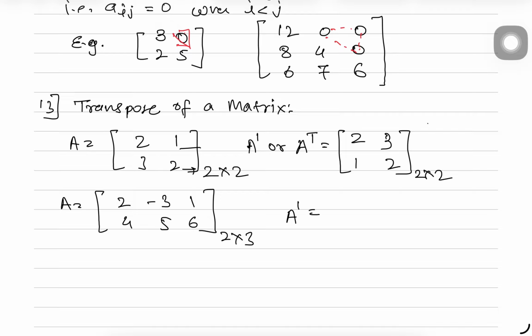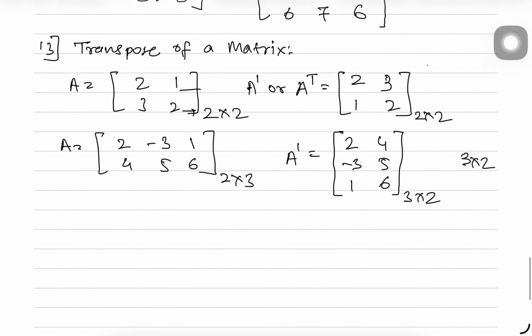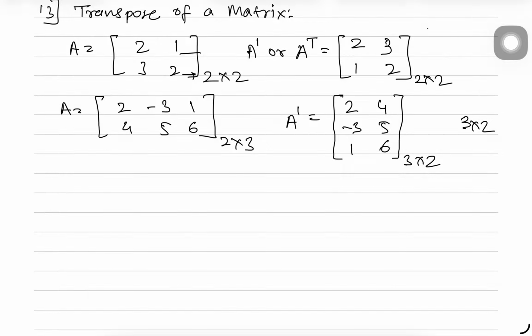The transpose A^T will give you the order of 3 cross 2, that is 3 rows and 2 columns. So you have to write down the rows as columns. This is known as the transpose of a matrix.